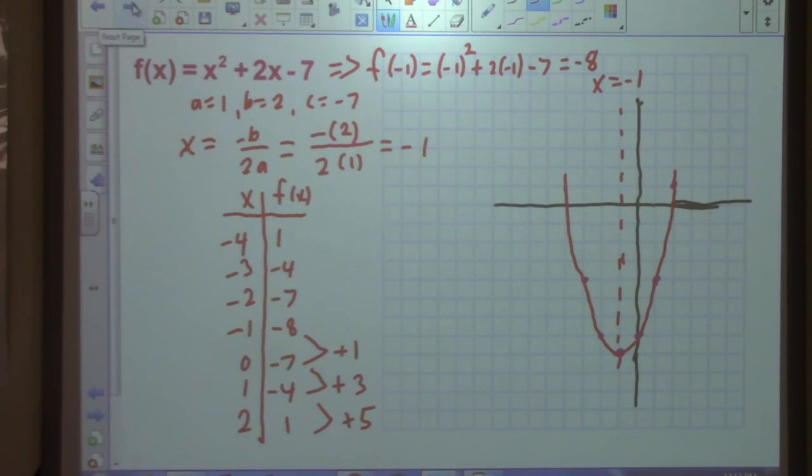Another thing, where does this equation, negative b over 2a, come from? Do you know where that comes from? It comes from something called the quadratic formula. x equals negative b plus or minus the square root of b squared minus 4ac, over 2a.